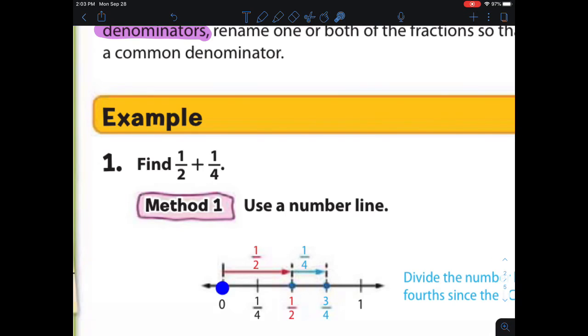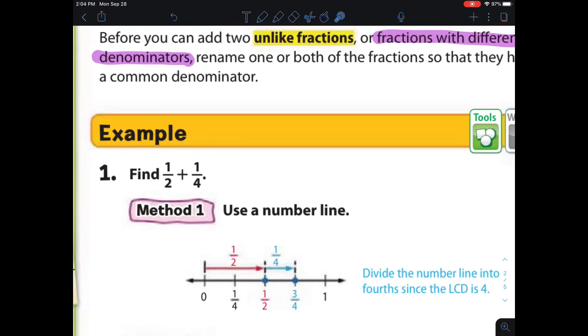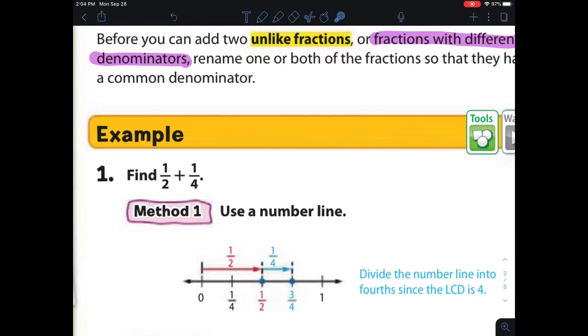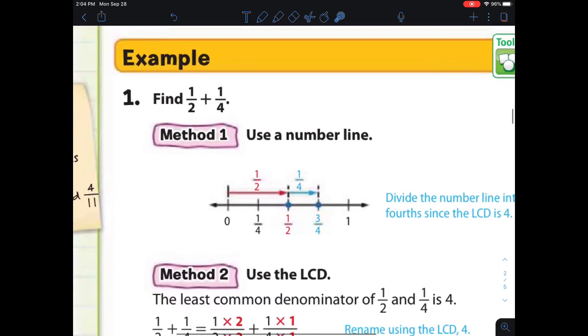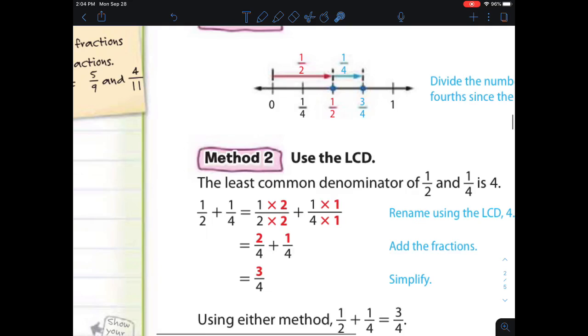Now, the number line has been divided into fourths because 4 is also the LCD, or the least common denominator, of 2 and 4. In method number 2, okay, the number line is nice and good, but this is impractical when we're adding and subtracting unlike fractions. So we will use method number 2 more than method number 1.